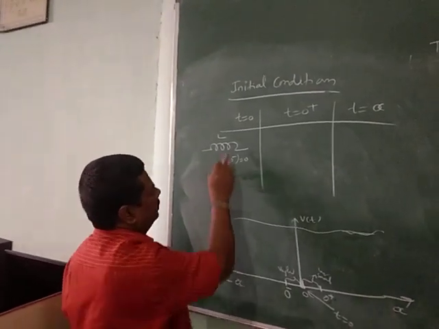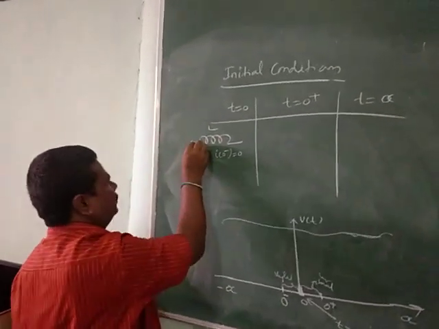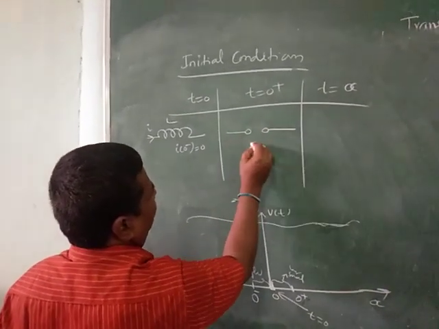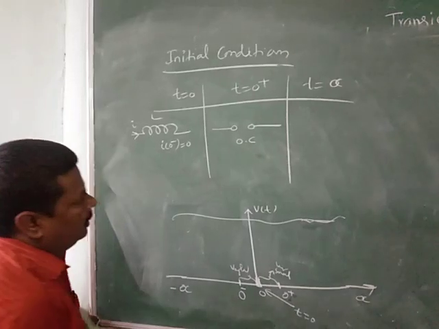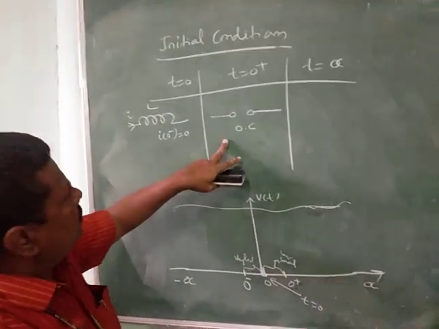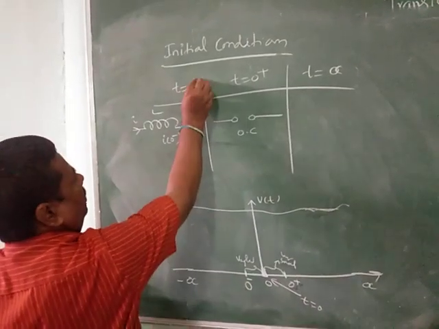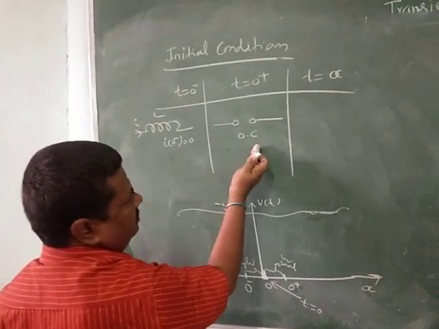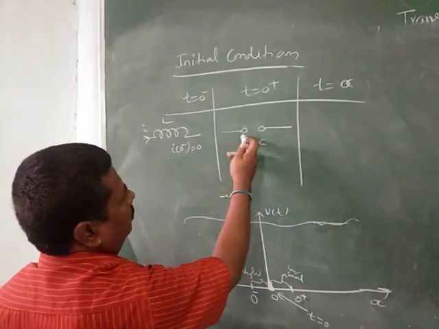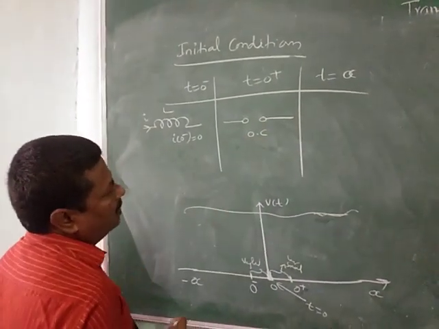If the initial current through the inductor is 0, then the behavior is an open circuit. Here the current is equal to 0. At t is equal to 0 minus, and at 0 plus also, there is no current. Then we can say that it is an open circuit.